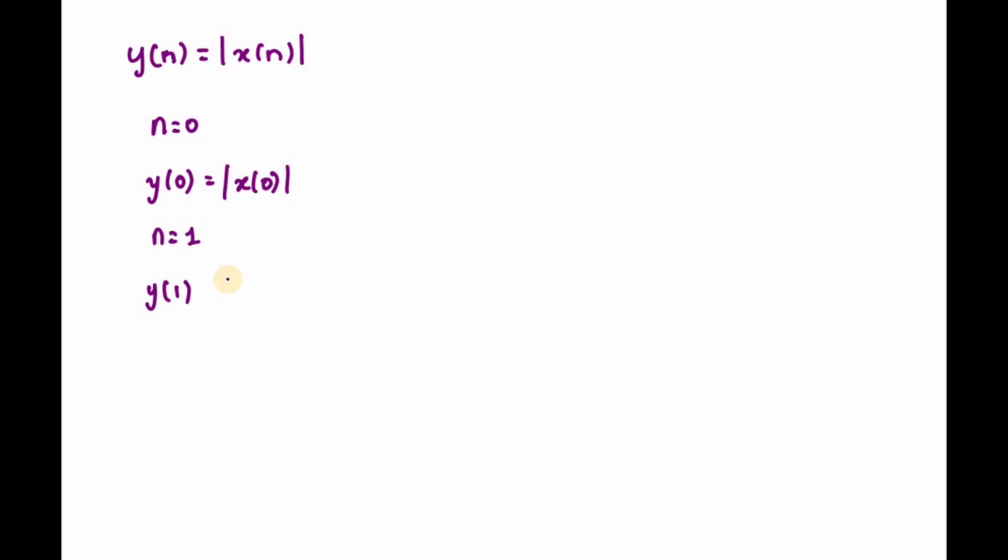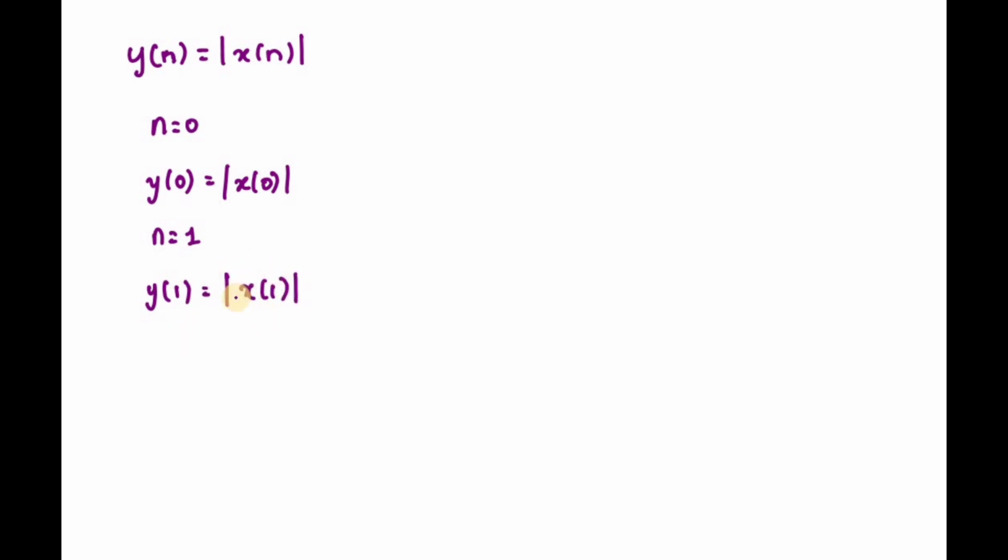The next problem, y of n is equal to modulus of x of n. Here also, if I substitute n is equal to 0, y of 0 is equal to modulus of x of 0. If I substitute n is equal to 1, y of 1 is equal to modulus of x of 1.